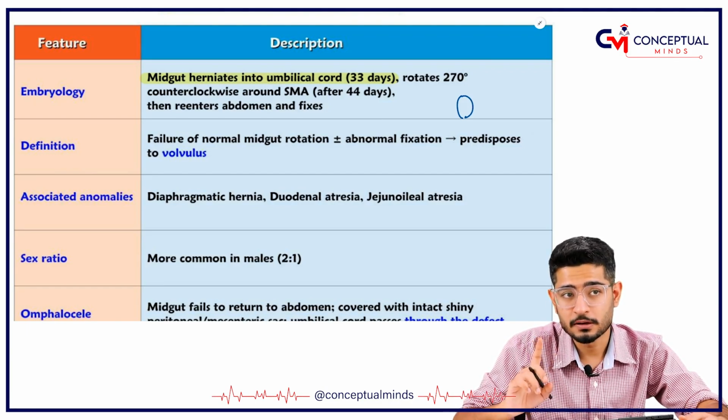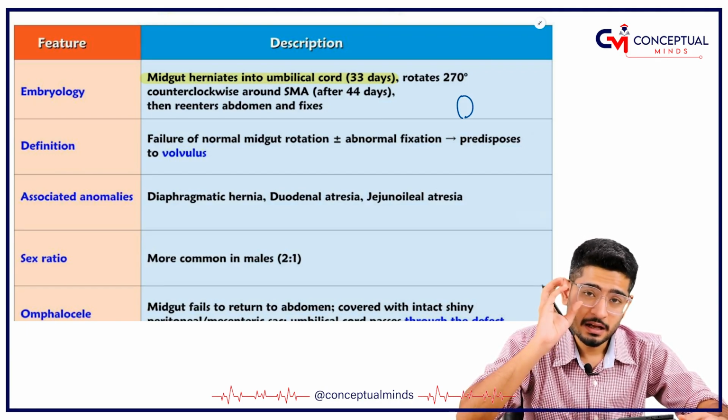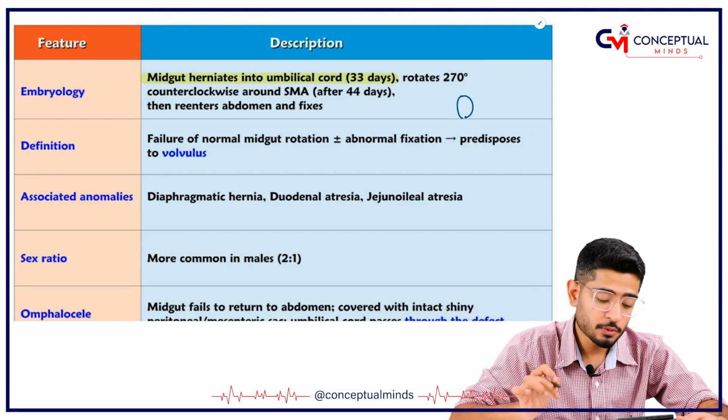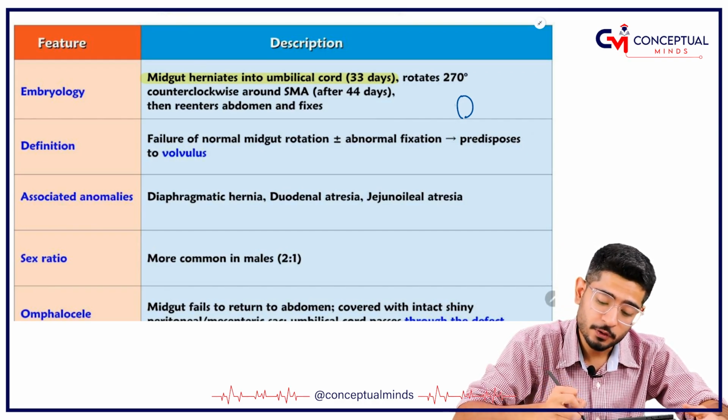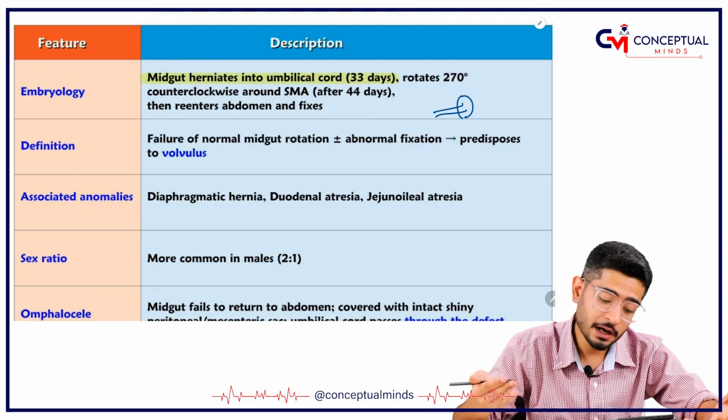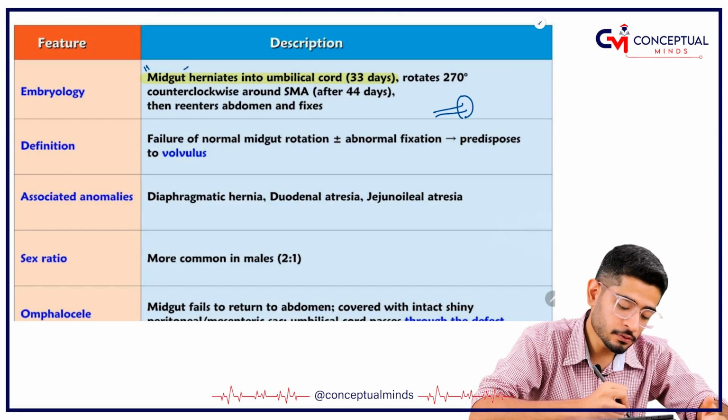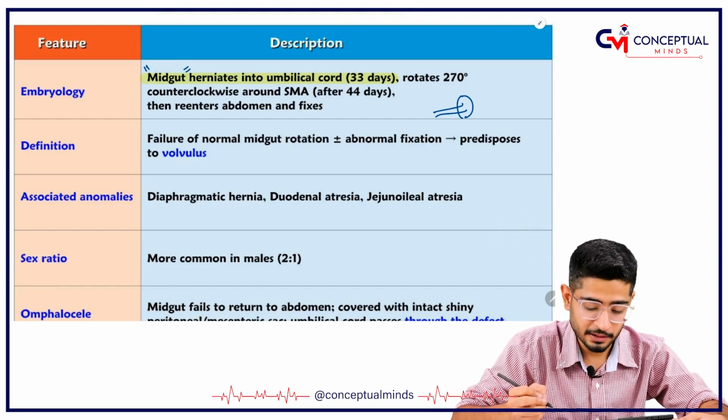Can you understand? The abdominal cavity is smaller. So what you have to understand is that the abdominal cavity is small, so in order to grow, the contents are going to go outside the abdominal cavity. So the midgut is going to herniate into the umbilical cord at the 33rd day.